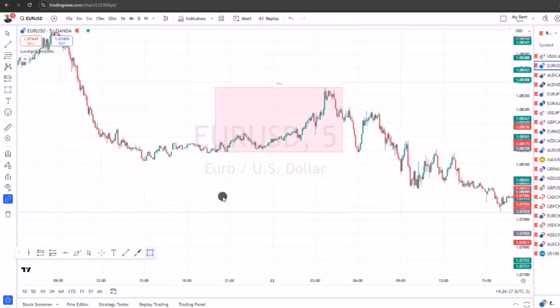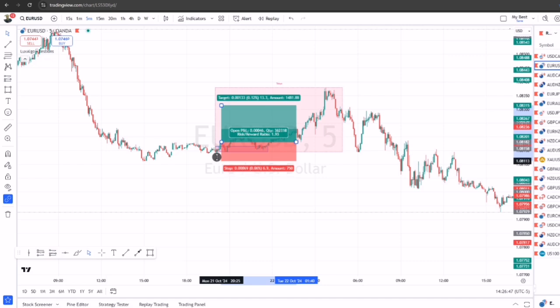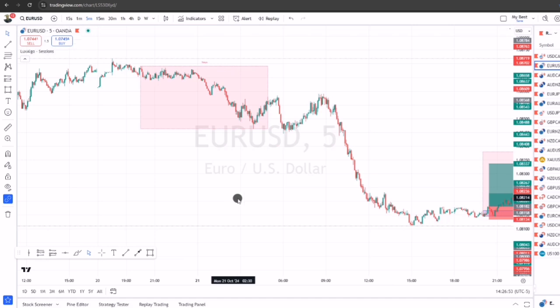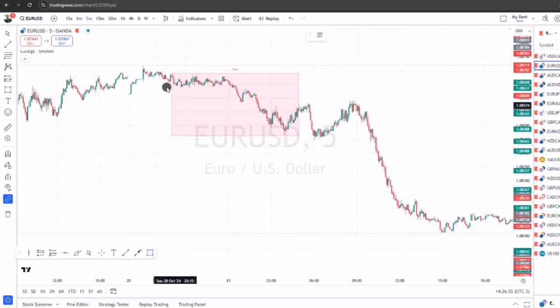Let's check another one. This was very easy. Price closed above, it gave you that 1 to 3, okay. You buy there, put your stop loss below, you are done. Okay, here's another one. This was very easy, okay.